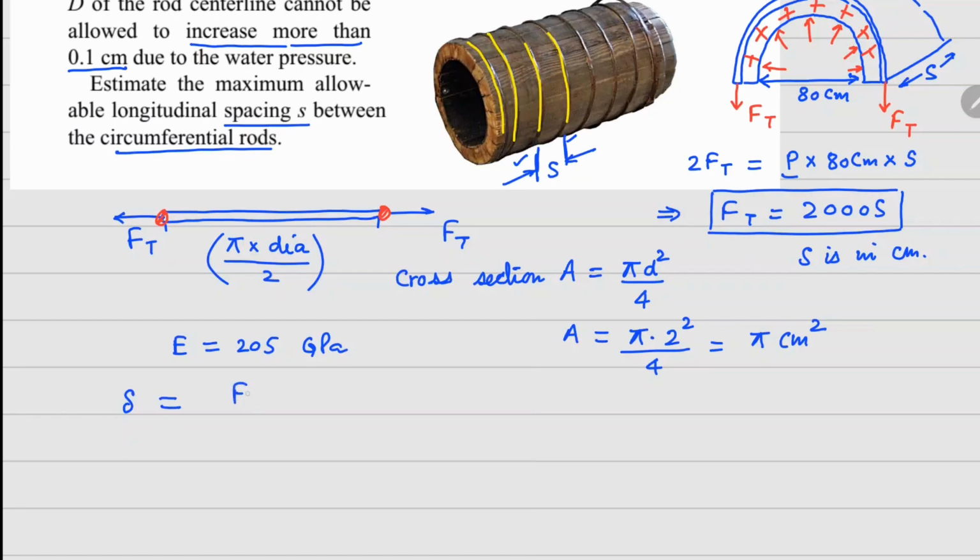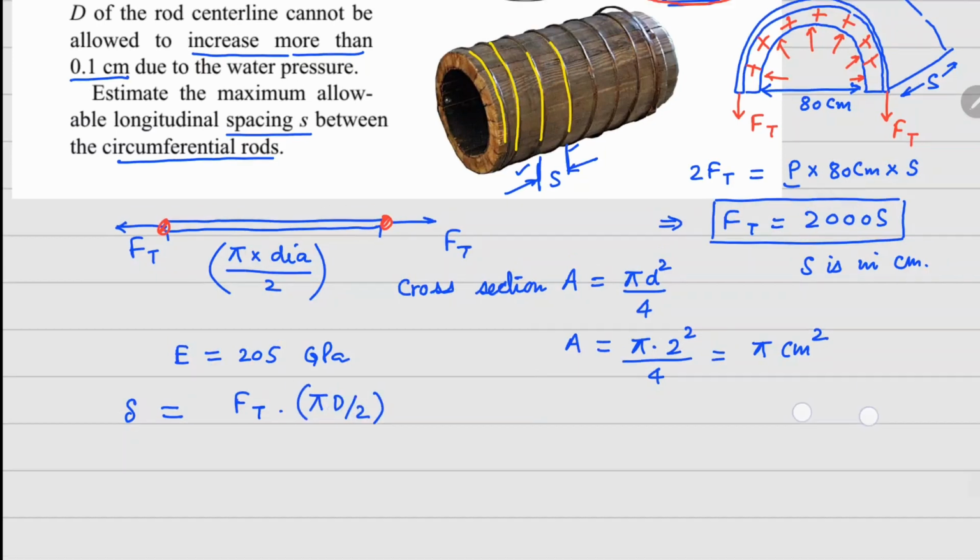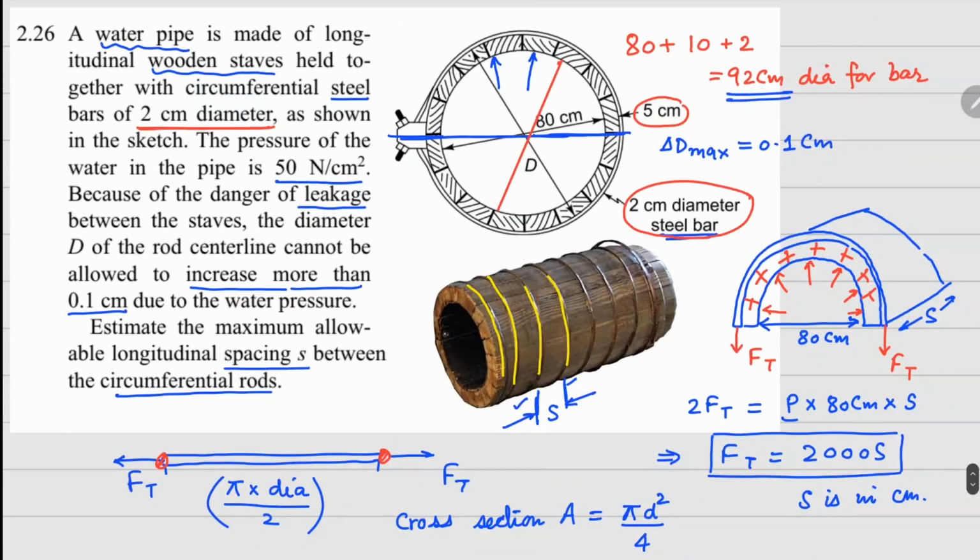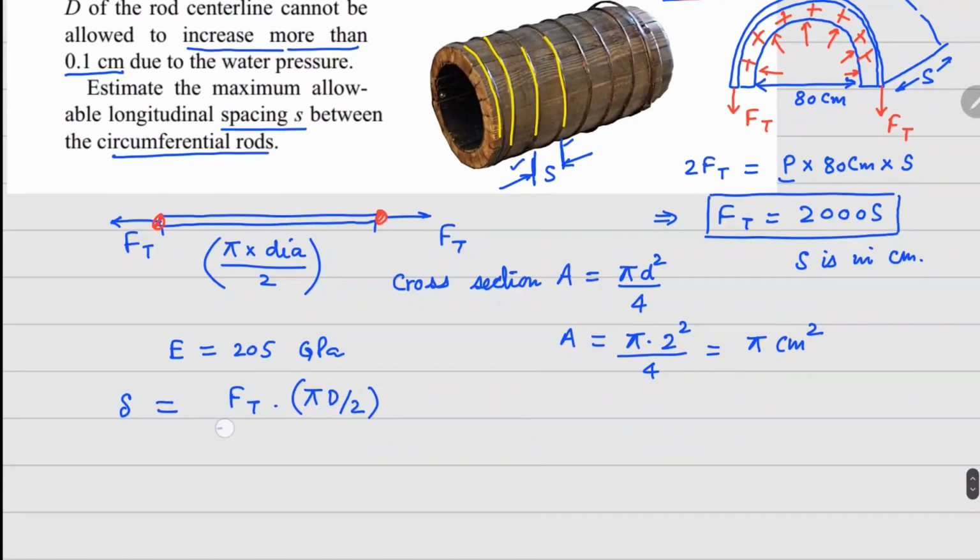So now if I look at the extension in this rod, it's going to be Ft force times length, which is pi d divided by 2, where d value we have already calculated, which is 92 centimeters here, divided by elastic modulus, which is 205 gigapascals, times cross section area, which is pi centimeter square. Now this is the deformation in this wire, and which is happening for half the perimeter.